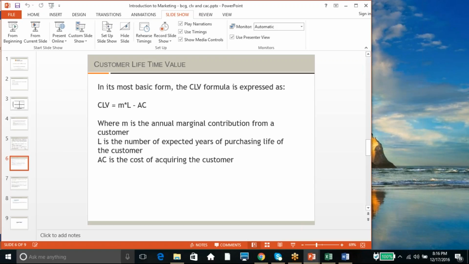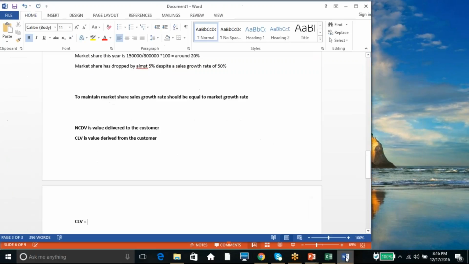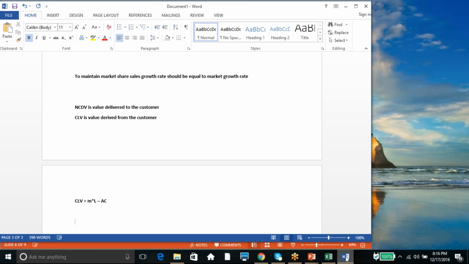So let's take an example. Which mobile operator do you use? Anybody? Okay, Vodafone. And what is your average monthly bill? Ajay, what is your average monthly bill?